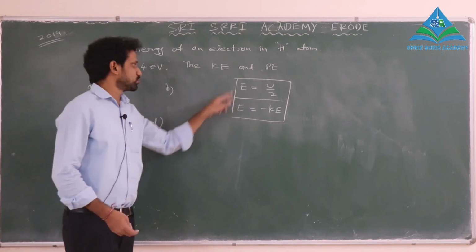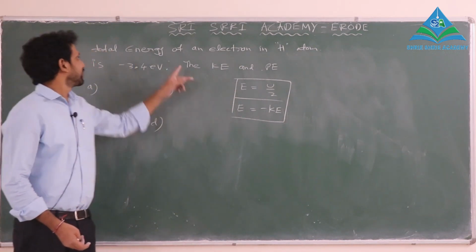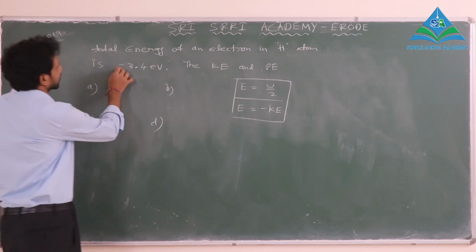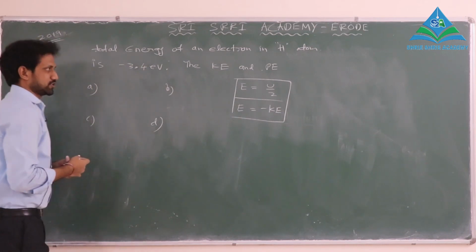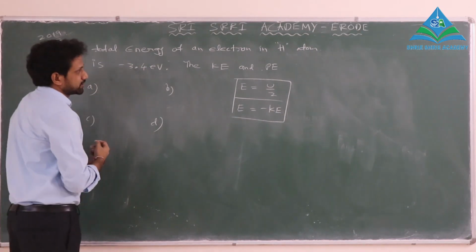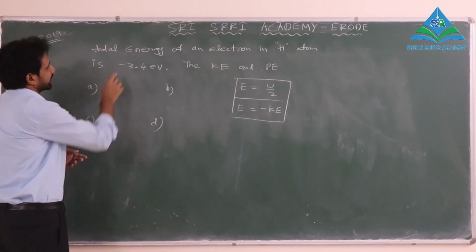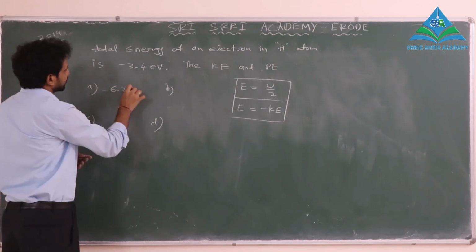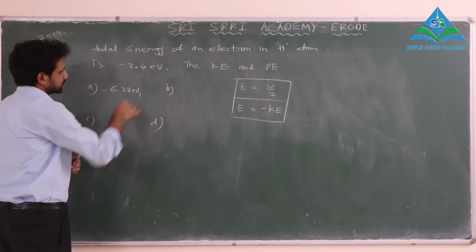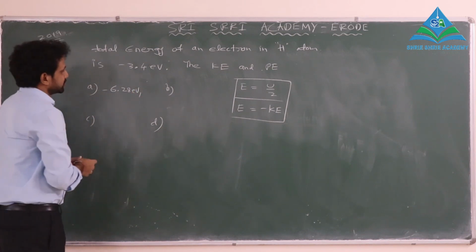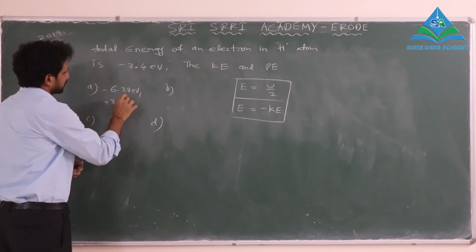If you remember these 2 points, then you can directly answer this. If the total energy is minus 3.4 electron volt, then potential energy is double that, that is minus 6.8 electron volt, and kinetic energy is plus 3.4 electron volt.